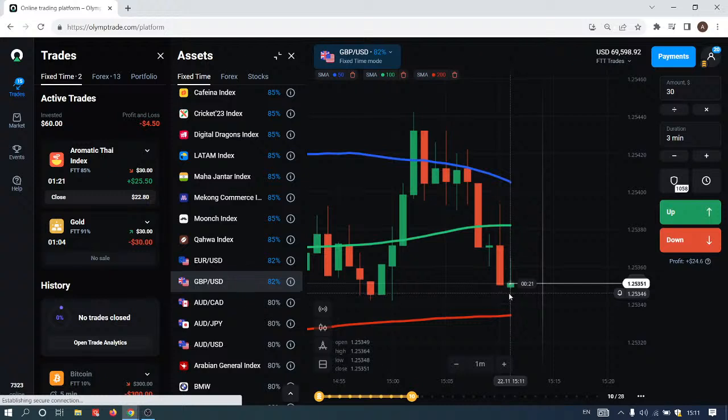A very important point here is that you don't want to open an up trade or down trade in the middle of the range. You want to open your trade positions once the price drops towards the 200 SMA.